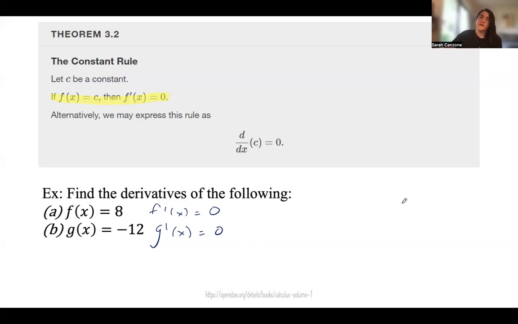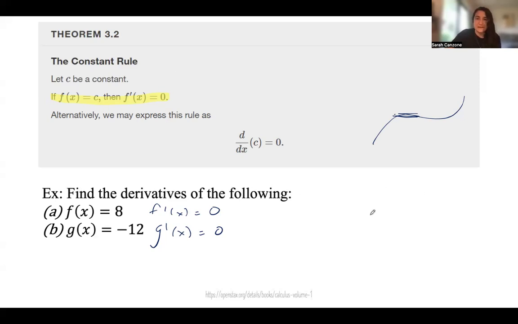If you remember from yesterday's lecture, or maybe 2 lectures ago, I'm not sure exactly when, we had a graph and we wanted to graph the derivative graph. We said at a max or a min, the slope was 0, and therefore on our derivative graph, we had a 0.